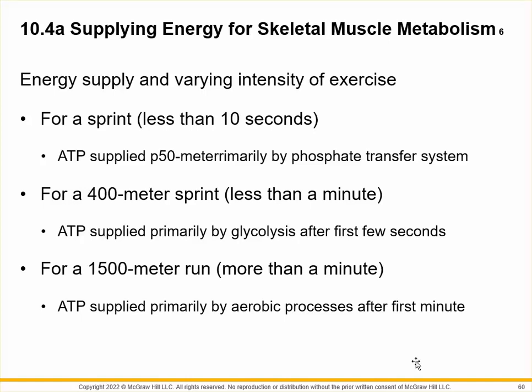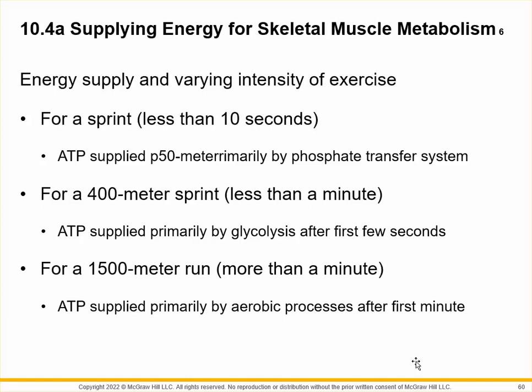So we use this aerobic ATP for more endurance, like long swims, long runs, the bicycle racing, that kind of thing. So the Tour de France guys are all aerobic. Baseball players tend to be primarily anaerobic, right?